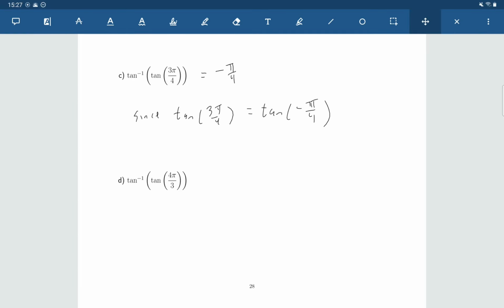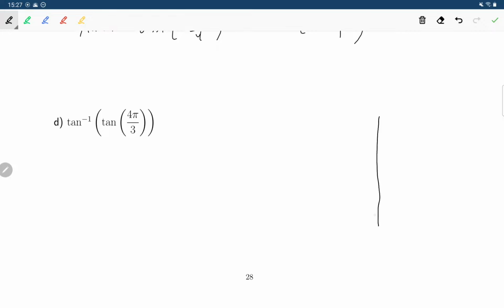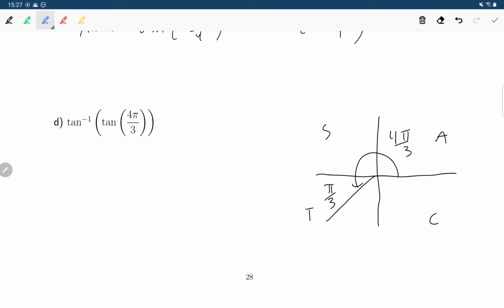Same thing with this last problem that I have here. Tangent of 4 pi over 3, if you're looking at that angle, that is in quadrant 3 and has a reference angle of pi over 3. And you know that in this quadrant that tangent is positive. So we must have as our output an angle that's in quadrant 1 or 4, but it has to be in a quadrant where tangent is positive, so I guess we're in quadrant 1.